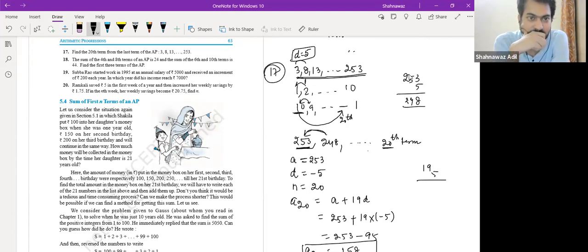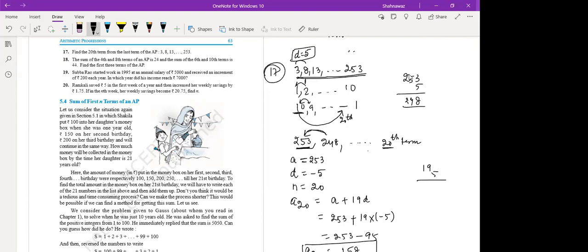The sum of the 4th and 8th term of an AP is 24. The sum of the 6th and 10th term is 44. Find the first 3 terms of the AP. Okay, I started working. Should I scroll down the screen? You guys can tell. Yes, sir. Okay, Tala, noted up to this point.